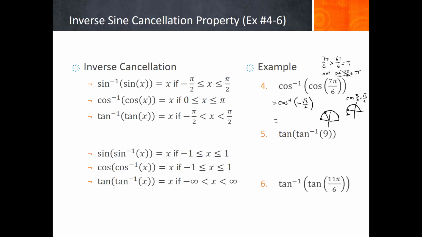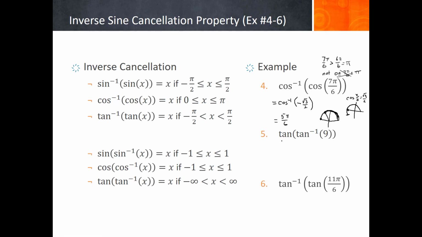So I need to know what is the angle from 0 to something in the second quadrant that makes the x value a negative root 3 over 2? Well, it's got to be a pi over 6. What's the pi over 6 angle in the second quadrant? It is 5 pi over 6. So the inverse cosine of the cosine of 7 pi over 6 turns out to be 5 pi over 6.